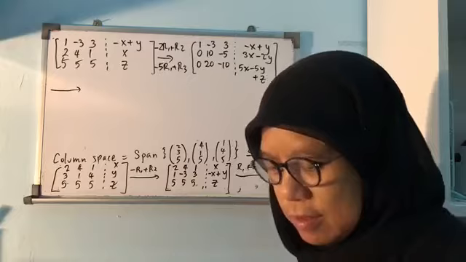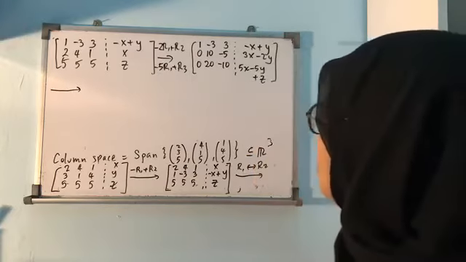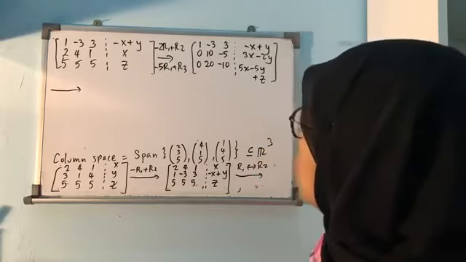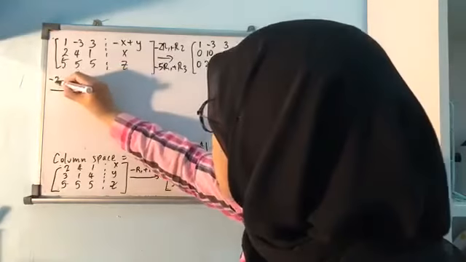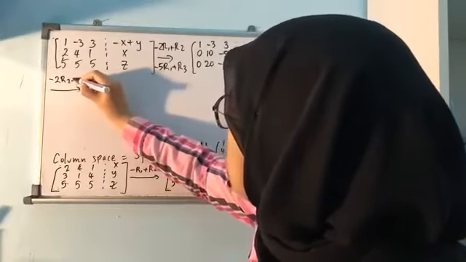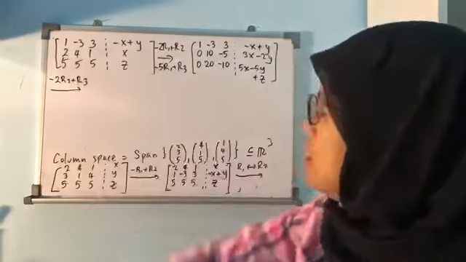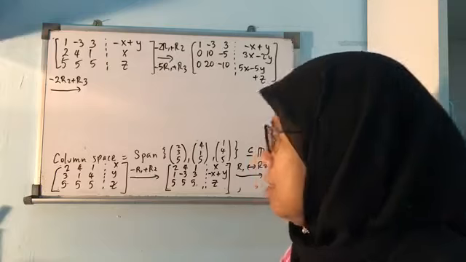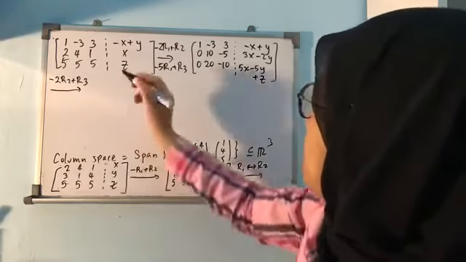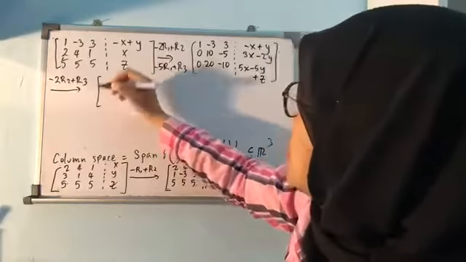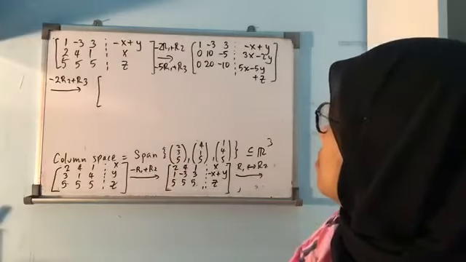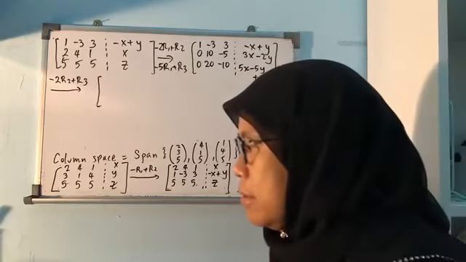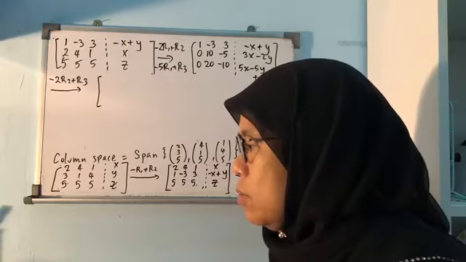Ada jawapan tak? Dia nak cuba. Okay. So, negative 2 r2 plus r3. Yes, Akmal is right. Negative 2 r2 plus r3.